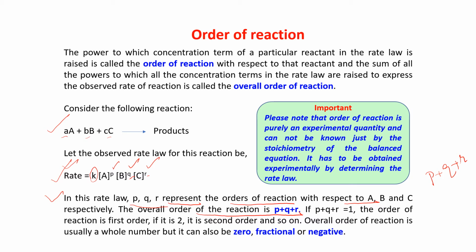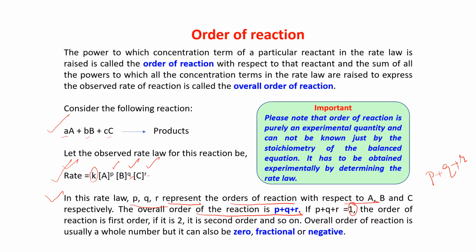Now, suppose p plus q plus r comes to 1, the order of reaction is said to be first order. If p plus q plus r comes to 2, the order of reaction is 2, so it is a second order reaction, and so on.